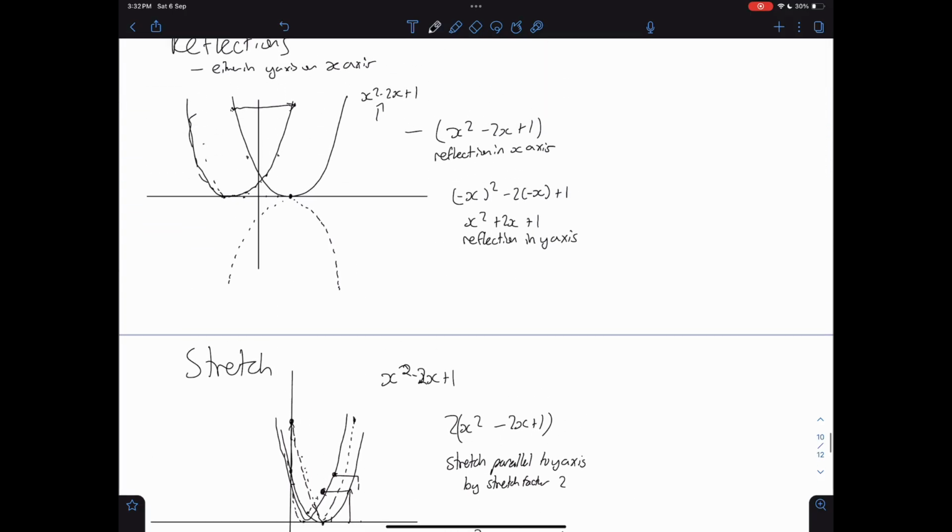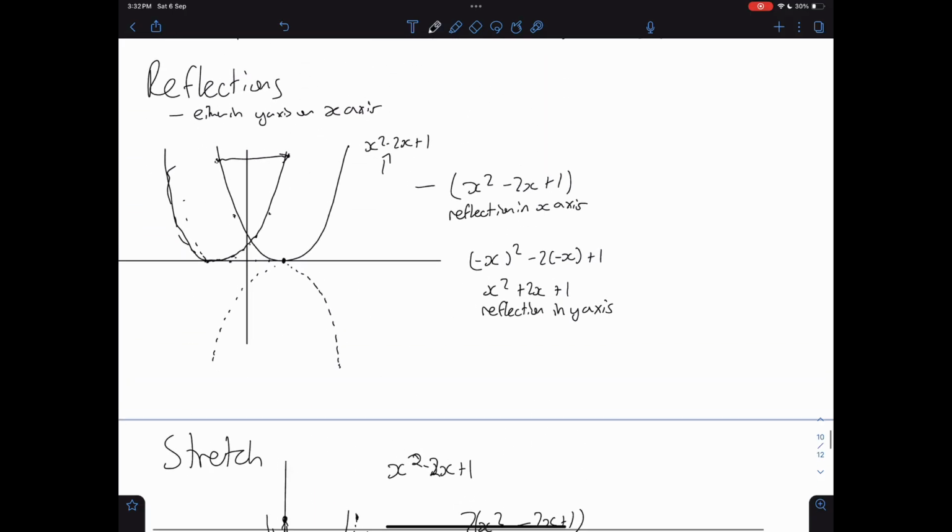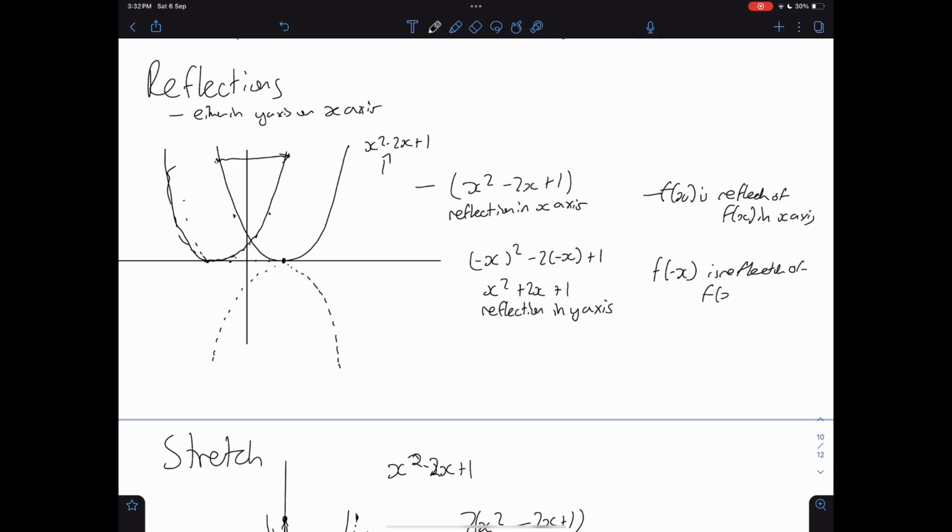Oh, and so I should, going back here, say minus f of x is reflection of f of x in x-axis. f of minus x is reflection of f of x in y-axis.